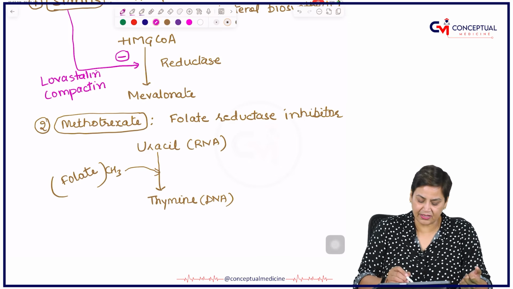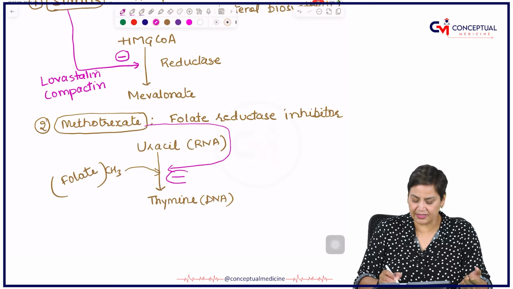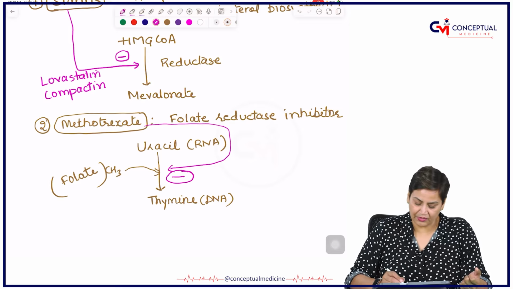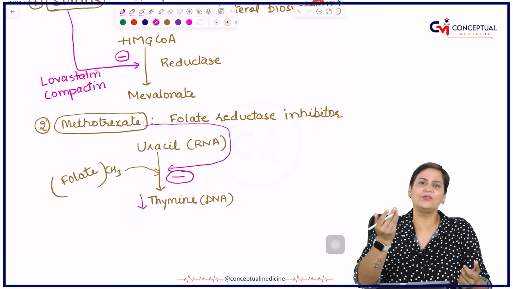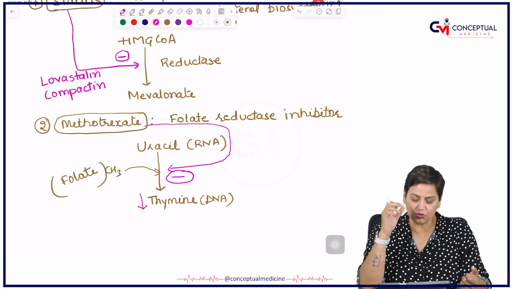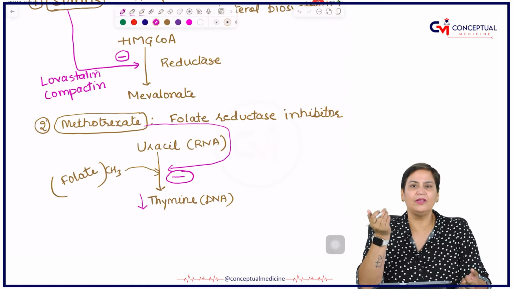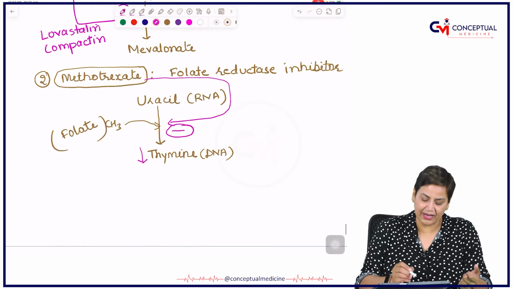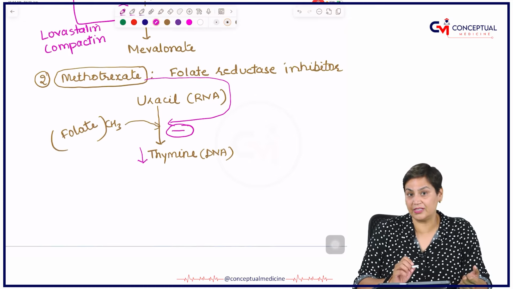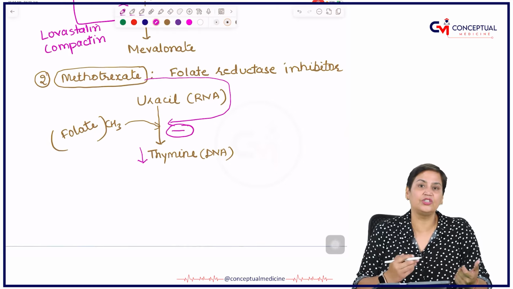Methotrexate is an anti-cancerous drug because when methotrexate is given, it is going to inhibit this reaction. So, obviously the concentration of thymine will decrease, or you can say it won't be synthesized, and the virus who has taken the host machinery will be unable to survive. And that is why we always say whenever a person is on methotrexate, folic acid supplementation should be given.